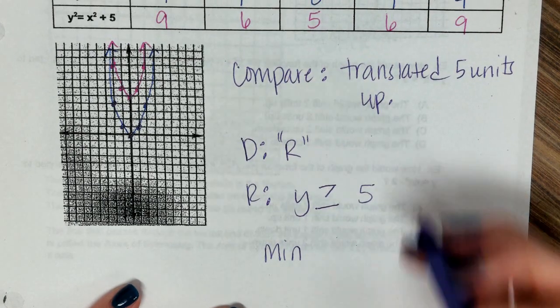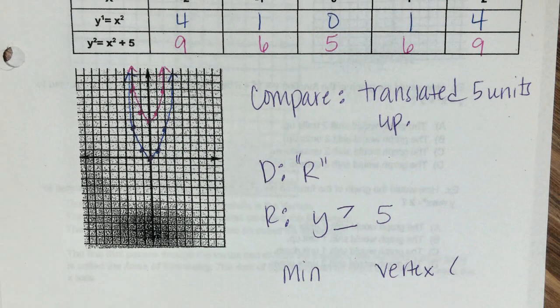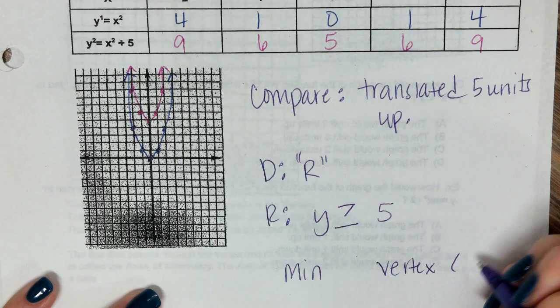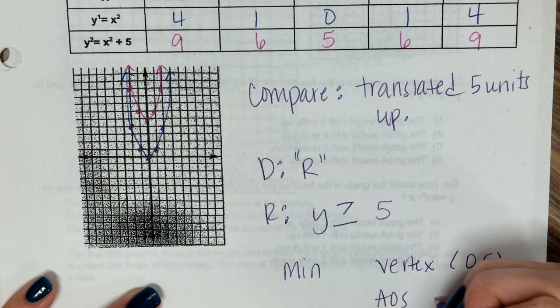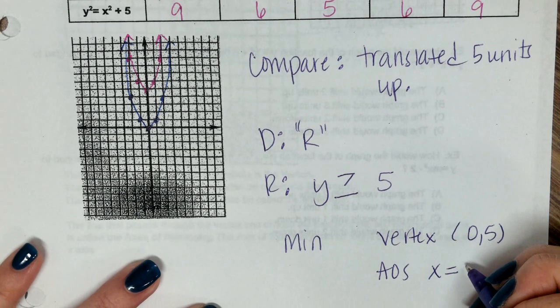What is the vertex of the new parabola? No, not the axis of symmetry. You're right for the axis. What is the vertex? The coordinate that is the lowest point. 0, 5. Now give me the axis of symmetry. X equals, where is it passing through?